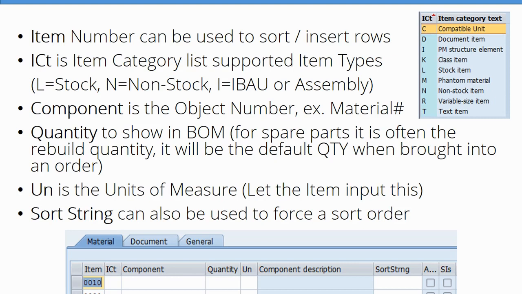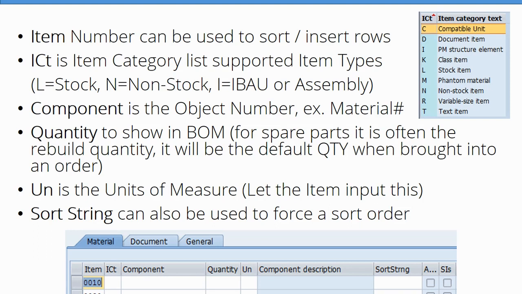ICT is the item category, and when you select the drop-down in that field, you'll see the options, depending on your configuration, like at the top right of the slide. The typical ones we use most is L for stock. Now if you specify L for stock and N for non-stock, you'd have to know which status each material is when you're putting them in.